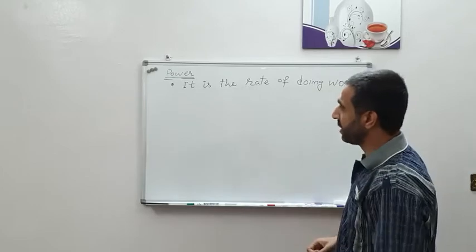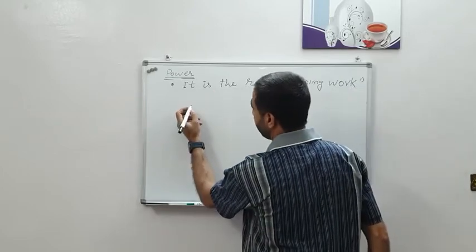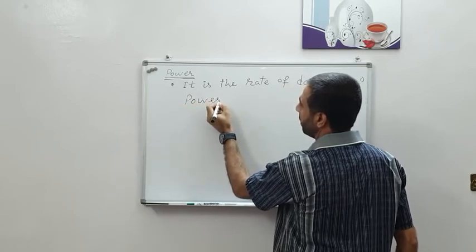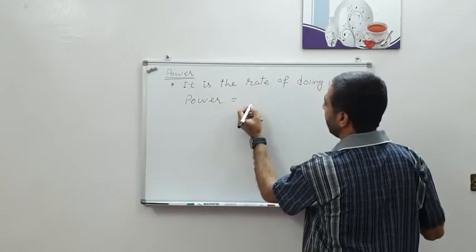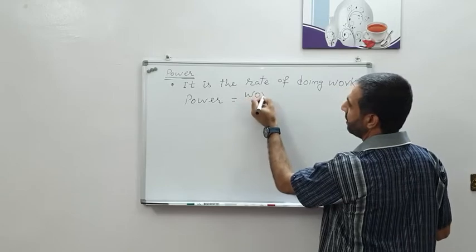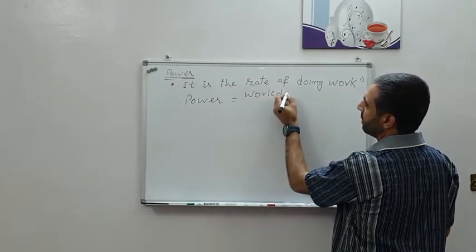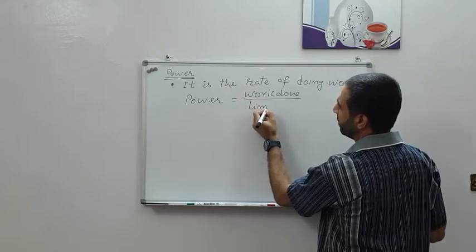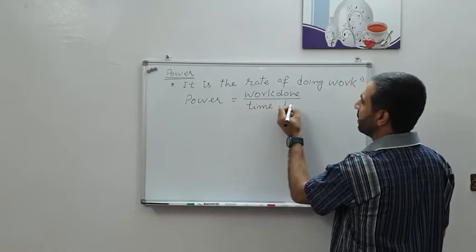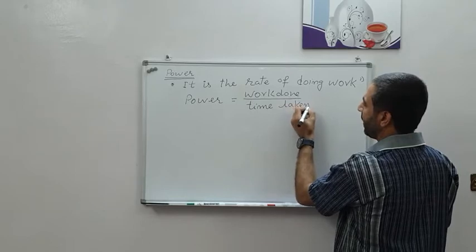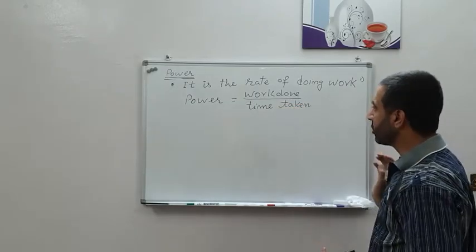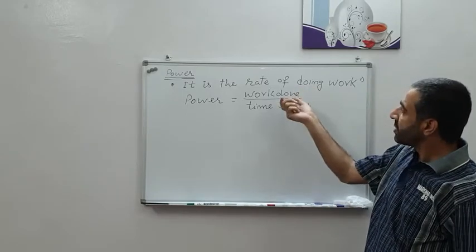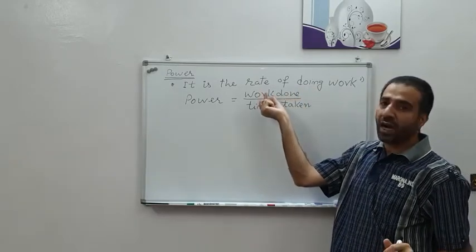Let me explain it to you mathematically. We can say that power is the ratio of work done to the time taken. And if you remember, when I was explaining efficiency, I told you that work done is our output.